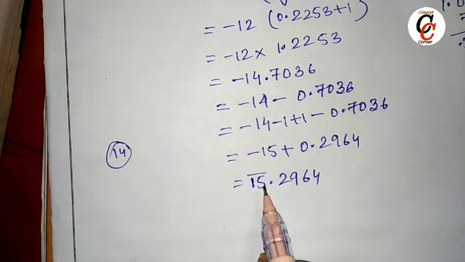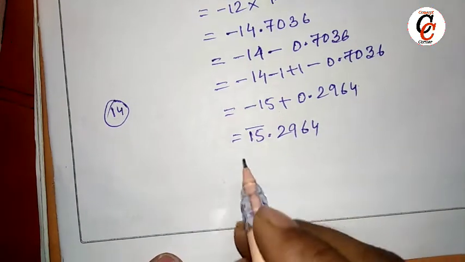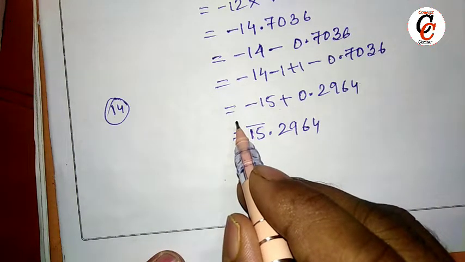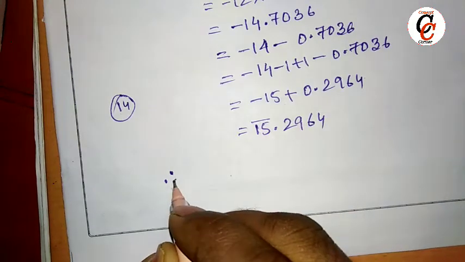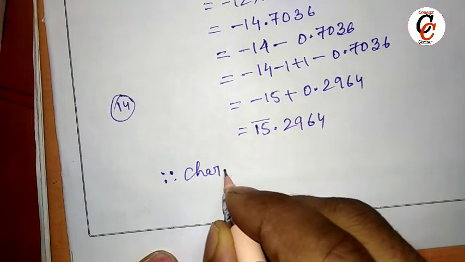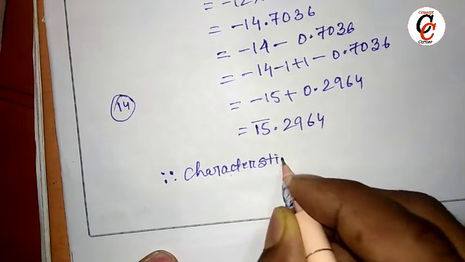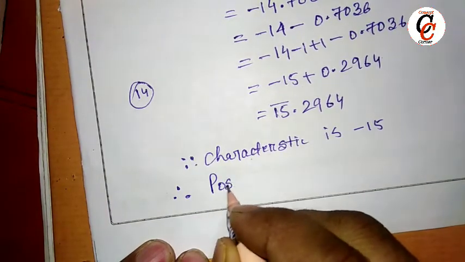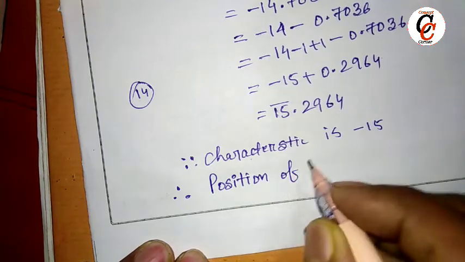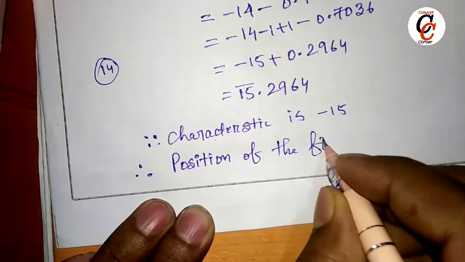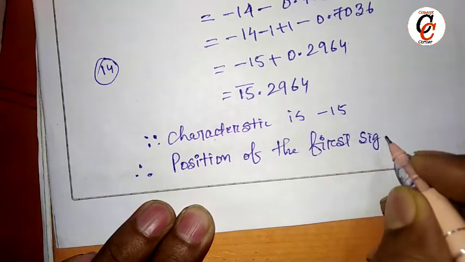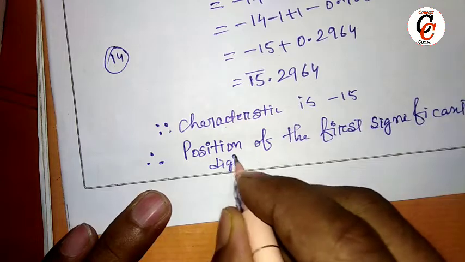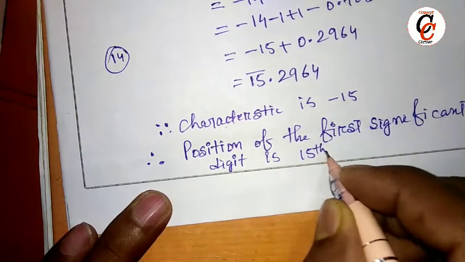That is, the position of the first significant digit is after the 14th zero, 14 zeros, that means 15th position. Therefore, since the characteristic is minus 15, the position of the first significant digit is the 15th position.